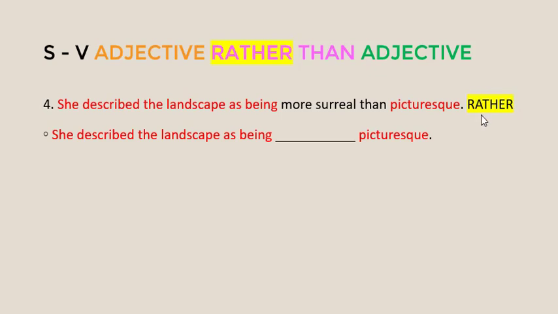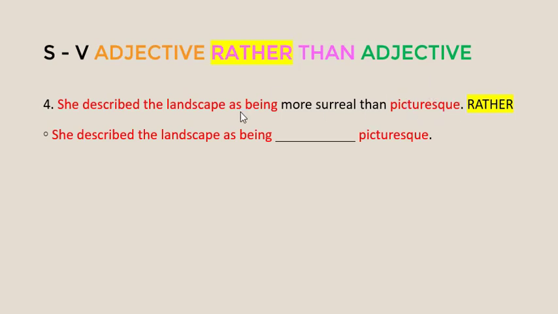Based on the clue, we know that we have to use this pattern. Subject, verb, the first adjective, rather than, the second adjective. If we take a look at the sentence, we can find 2 adjectives here. The first is surreal. The second adjective is picturesque.